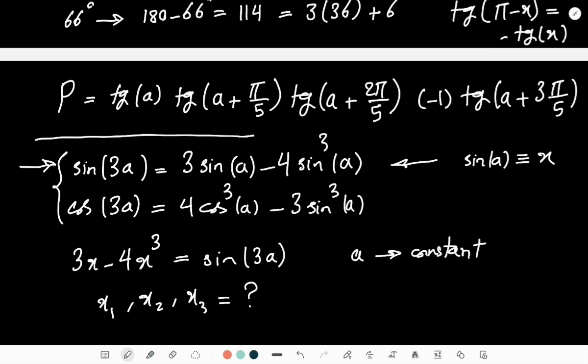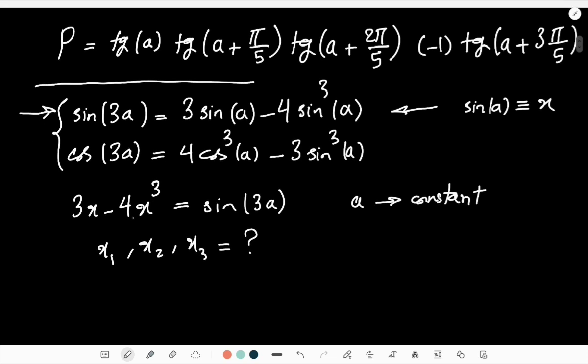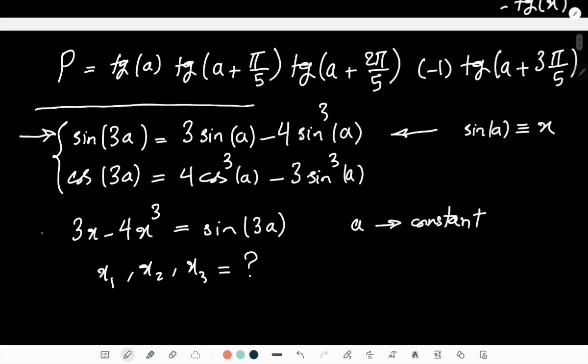Because of this similarity between the left-hand side expression 3x minus 4x cubed and also the formula for sine of 3a on the right side, I will do some change of variable.